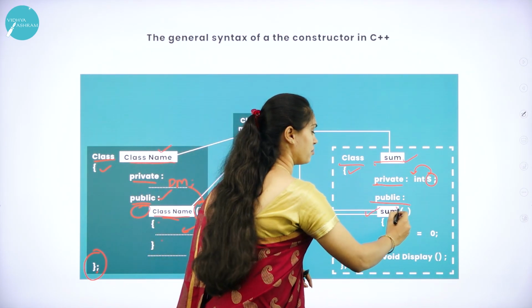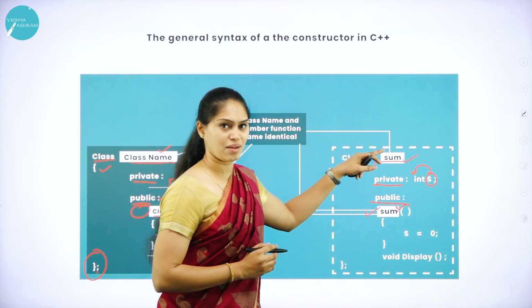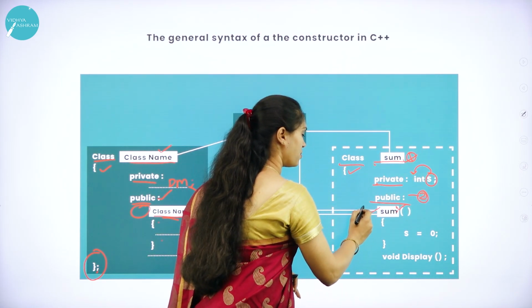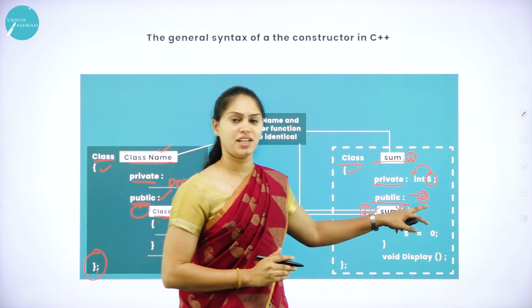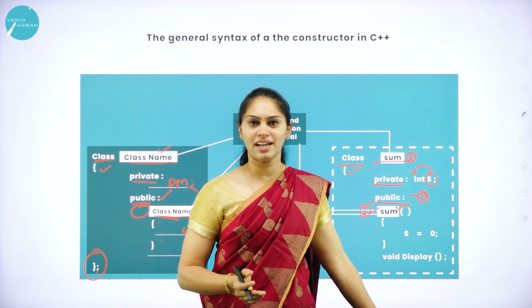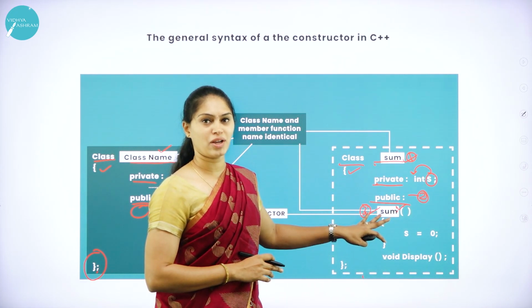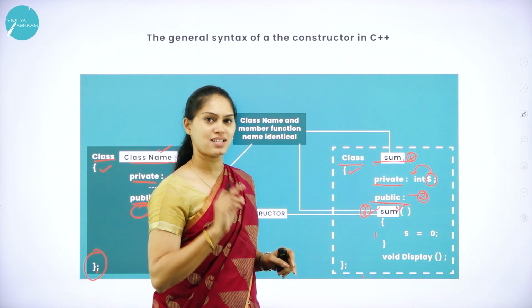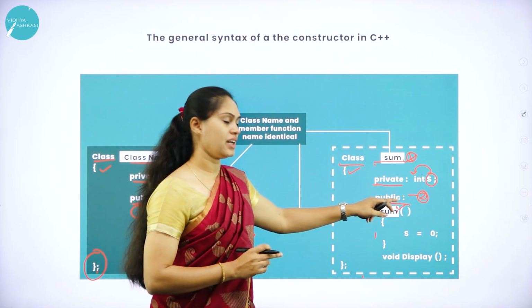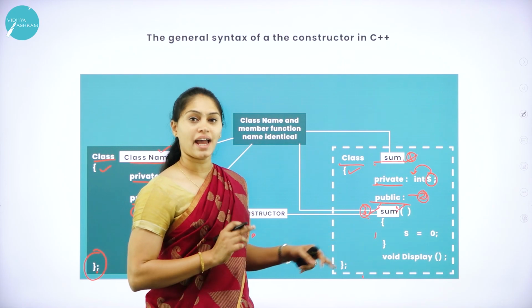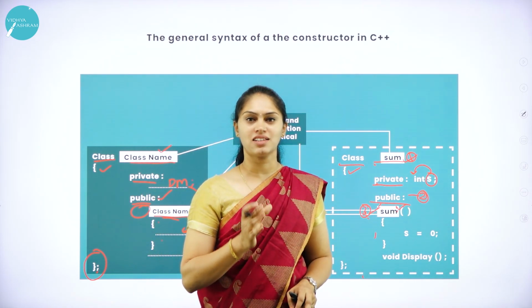The constructor name must be the same as the class name, it must come under the public section, and there must be no return type. If it satisfies all these conditions, then I can say that sum is a constructor, because it has the same name as the class, that is sum, it comes under public scope, and it has no return type.